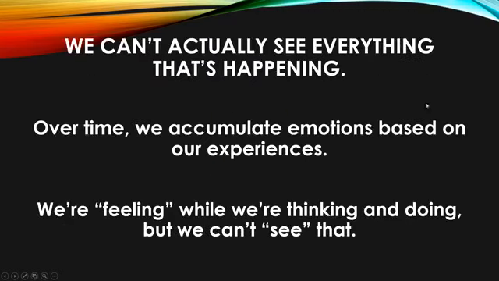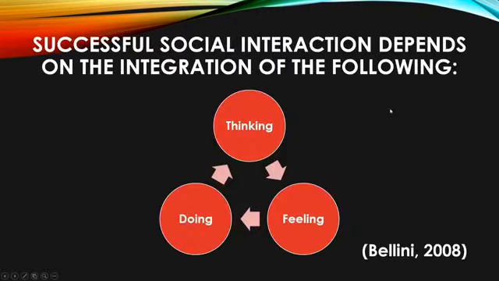So I'm going to move along to the fifth shift here. And this is something that's really important to realize as we're trying to figure out why a student is doing what they're doing, and is this behavior appropriate for them? Are they moving in the right direction? Just being aware that successful social interaction depends on integrating all three of these things.